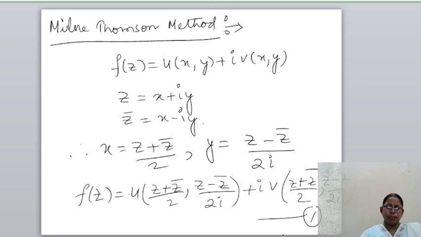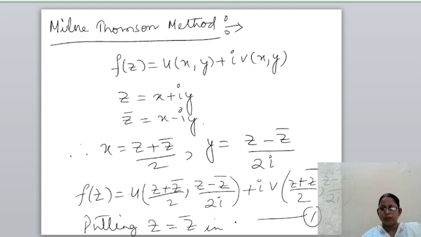Call this equation 1. Next, putting z̄ equal to z in equation 1, what do we get? If I put z̄ equal to z, (z + z)/2 is 2z/2, so I get z. Here, z̄ minus z is 0.